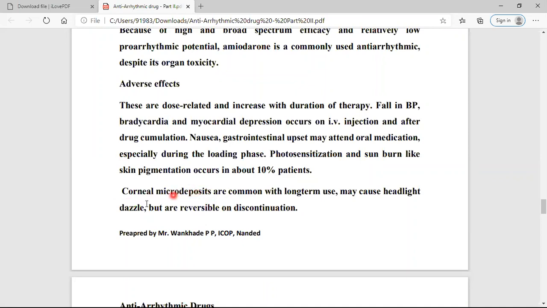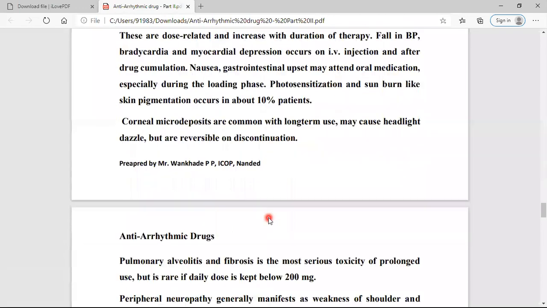It means this drug is deposited in the cornea, and hence it is called the corneal micro deposit, with long-term use. And it is called the headlight dazzle. Just like a headlight occurring in your eyes, you cannot see the image. It is called a headlight dazzle, and it is reversible on discontinuation.